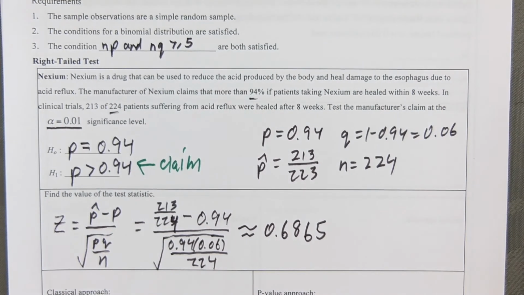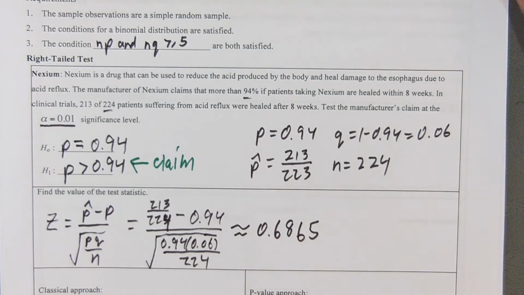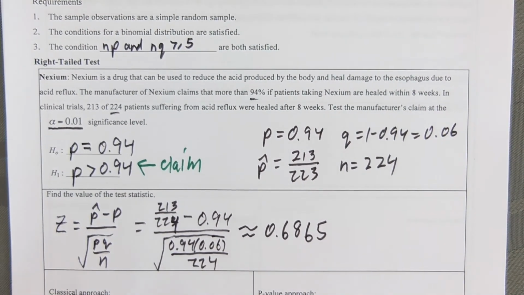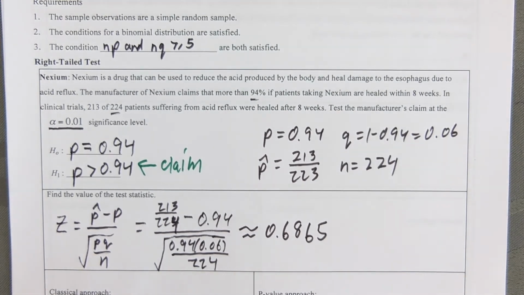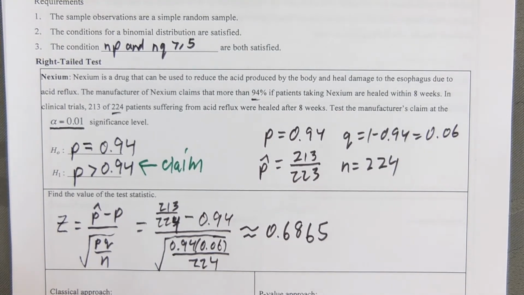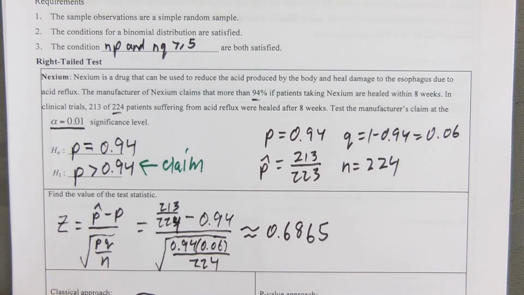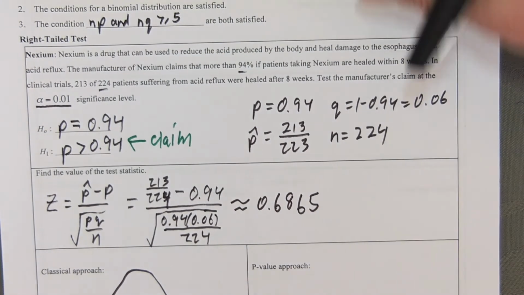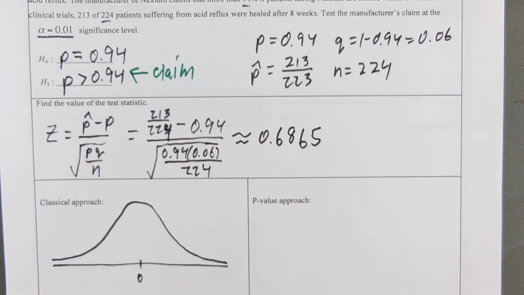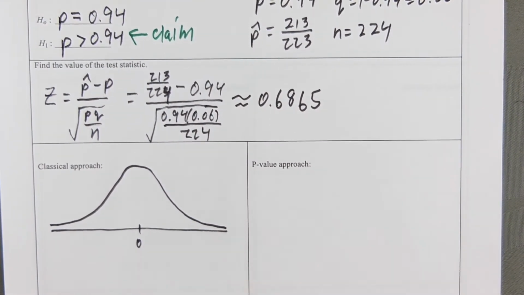Now, we have two approaches that we can do with this. We have the classical approach. Here's our bell distribution, and we have our alpha.